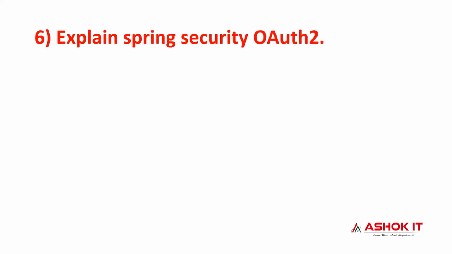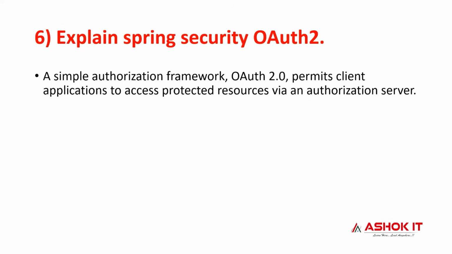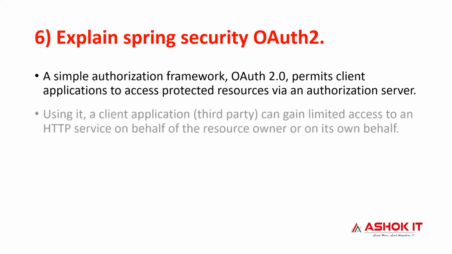Question number 6. Explain Spring Security OAuth 2. OAuth 2 is actually a standard. It's also called open authorization. In this case, we use a third-party authorization server. You might have seen something like Facebook login, Google login, GitHub login. We are going to use those.